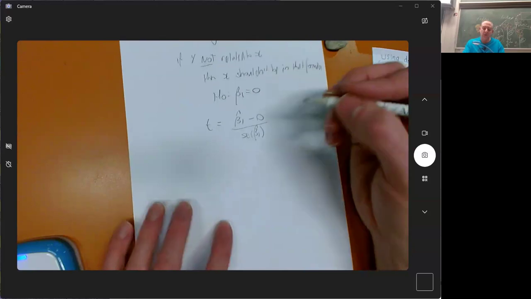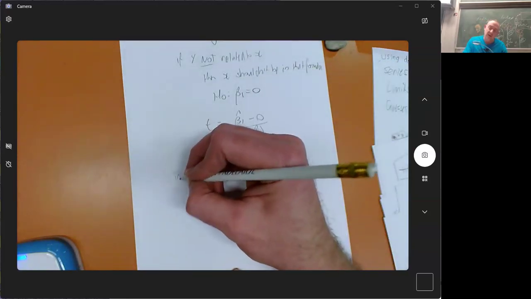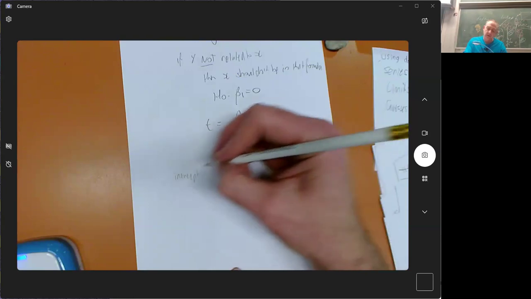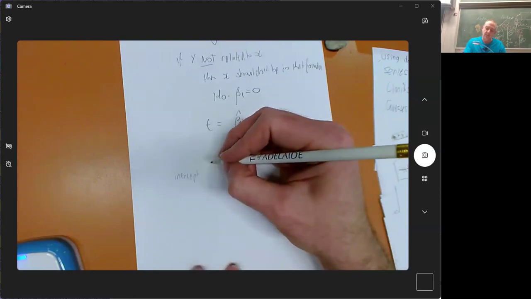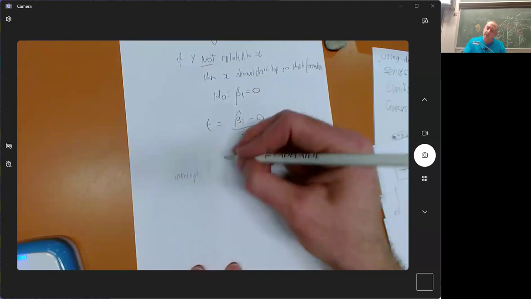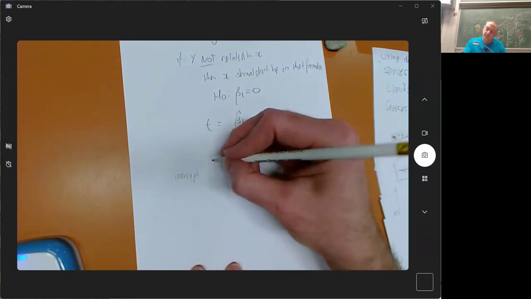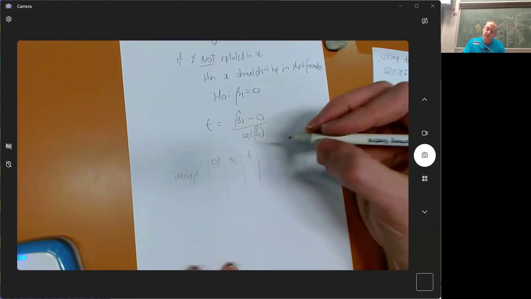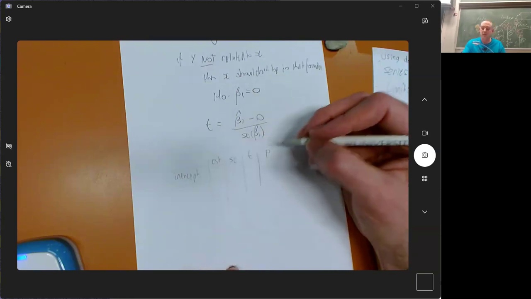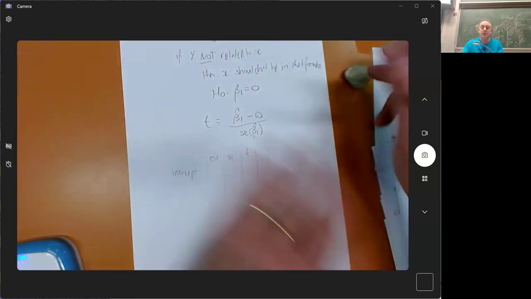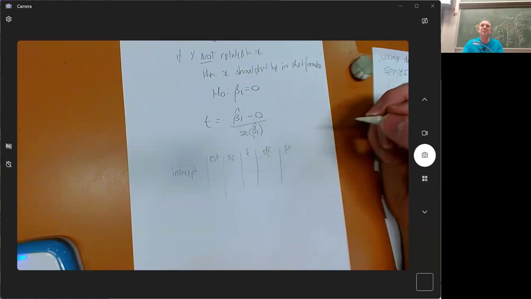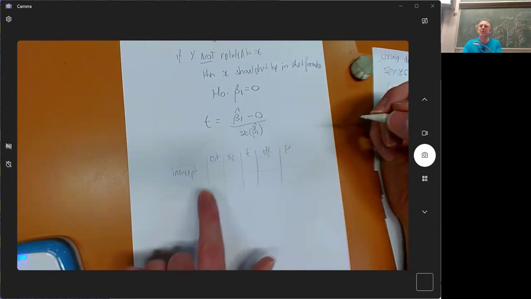In the regression output, it will say something like intercept or constant, and it'll give you a table: estimate, standard error, t-value, p-value, degrees of freedom probably. Something like that. Does that look about right?